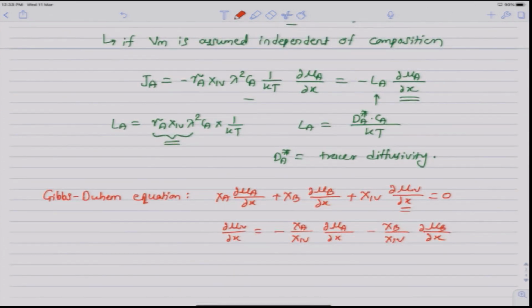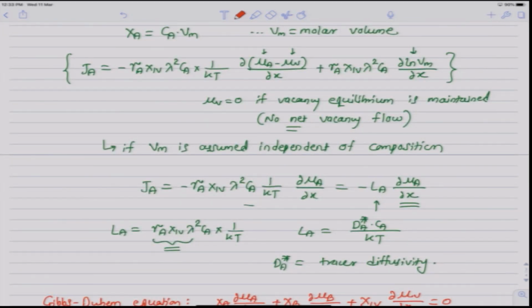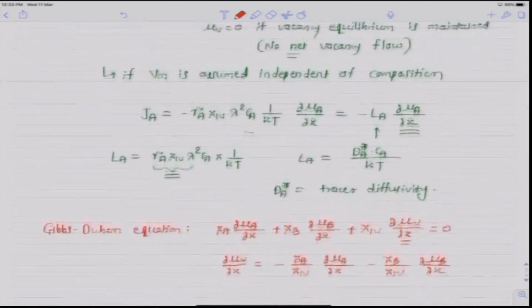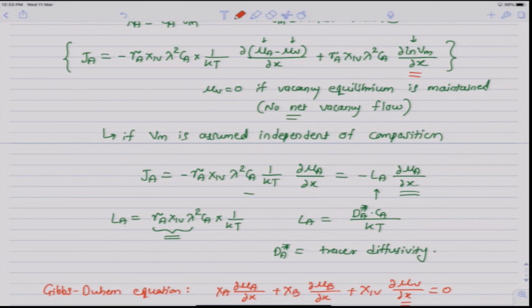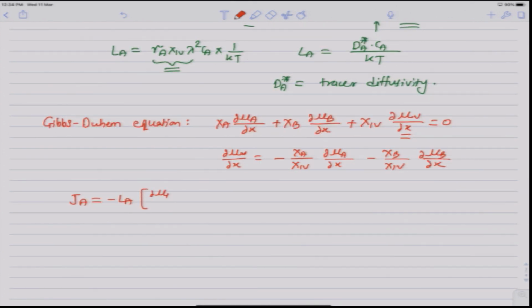And if we substitute for dou mu V by dou x from here into this expression for Ja, and neglect the dependence of molar volume on composition, we will get an equation of the sort Ja is equal to minus La times dou mu A by dou x plus xa over x1V dou mu A by dou x plus xb over x1V dou mu B by dou x.